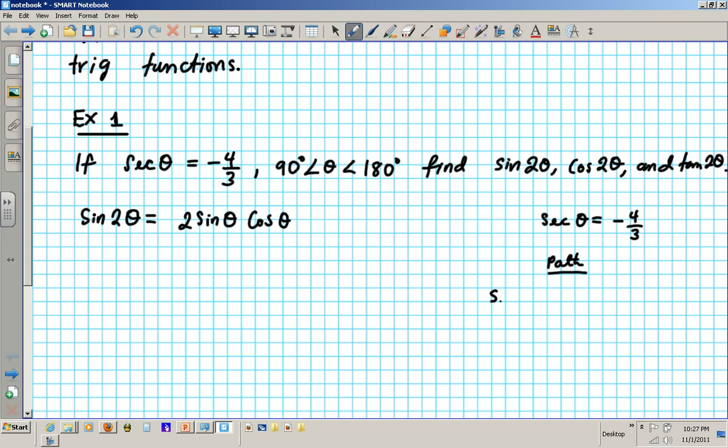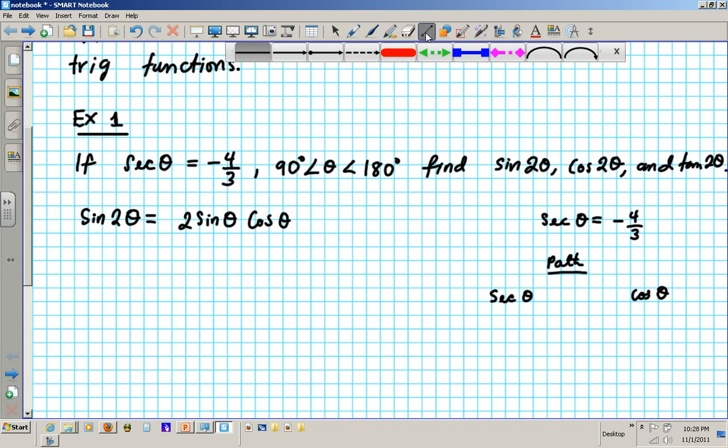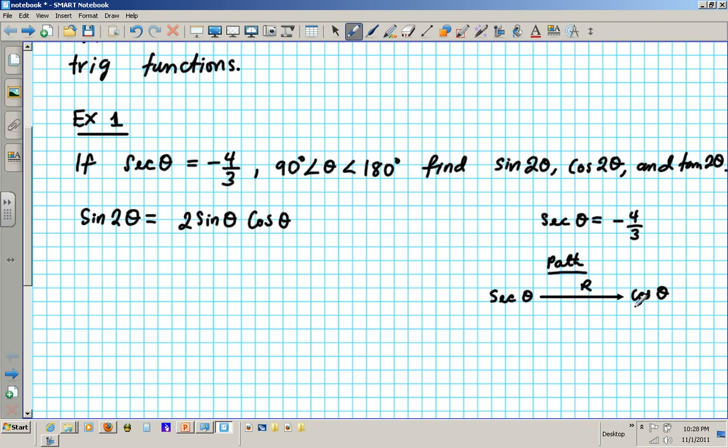We can go from secant directly to cosine. What is the relationship? Is it the reciprocal or Pythagorean? If you look at your formula sheet, you see that it's a reciprocal relationship to go from secant to cosine. So that will help us find cosine, right? But we need cosine and sine, right? So let's find cosine first, and then we'll talk about the issue of determining what sine is.